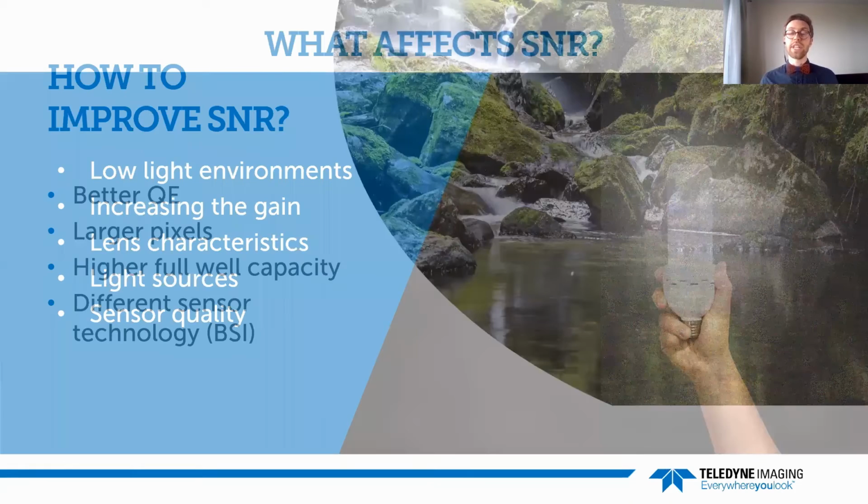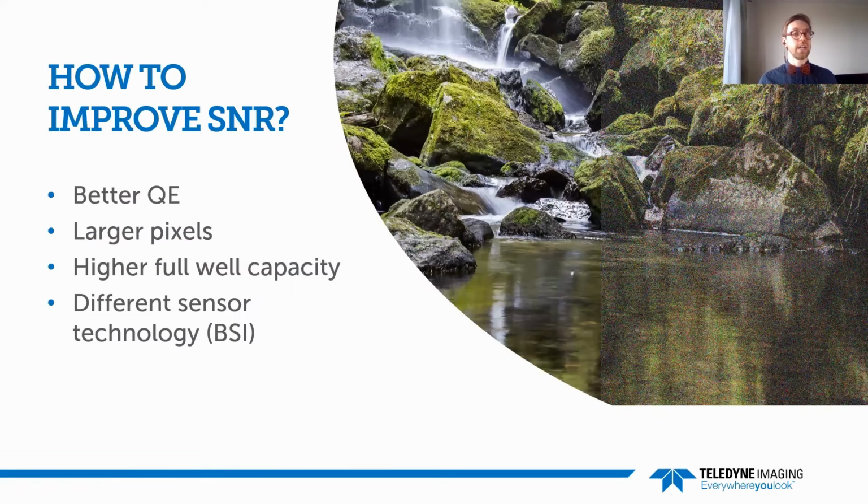And when looking at how you improve SNR, it's important to consider those sensor characteristics, such as having good QE curves, larger pixels so that each individual pixel is actually able to capture more light, having a higher full well capacity, or even looking into different types of sensor technology, such as back illuminated sensors, which have a higher sensitivity to traditional designs.